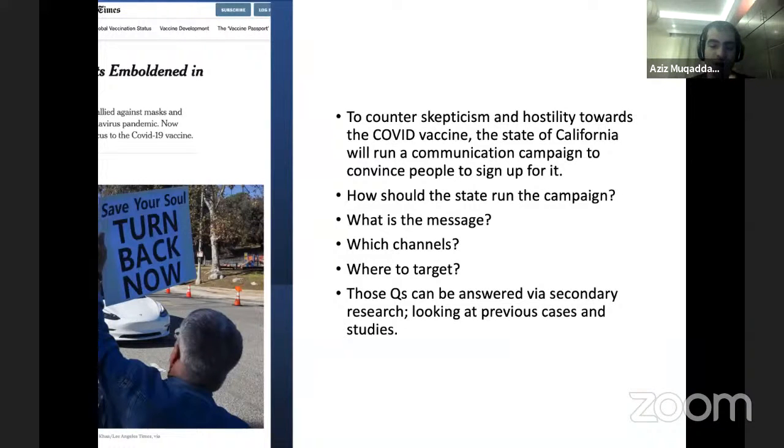And the only way to find them is you look into previous research, previous case studies that didn't exactly study the same exact incident. So it's not necessarily about COVID-19 in the year 2021, but any other virus or any other epidemic before, or any other public health campaign.